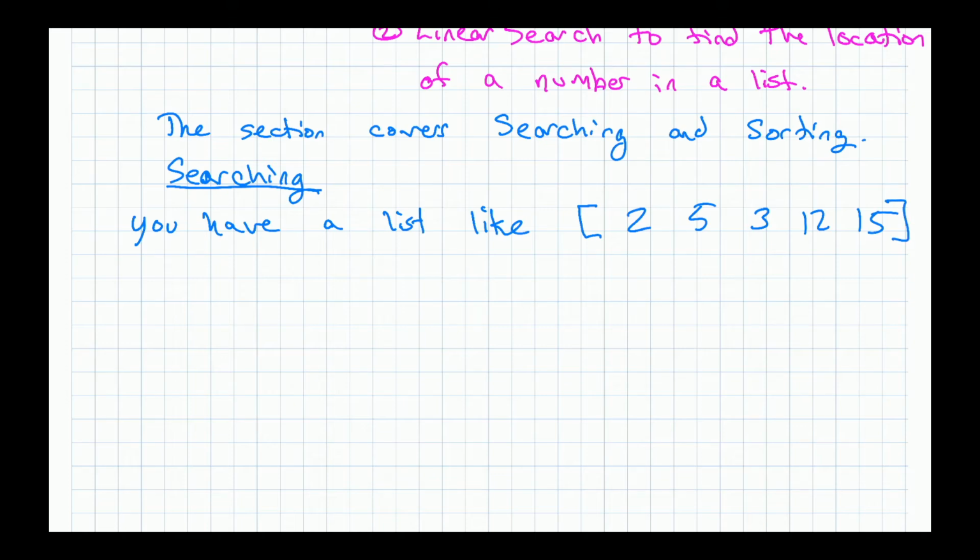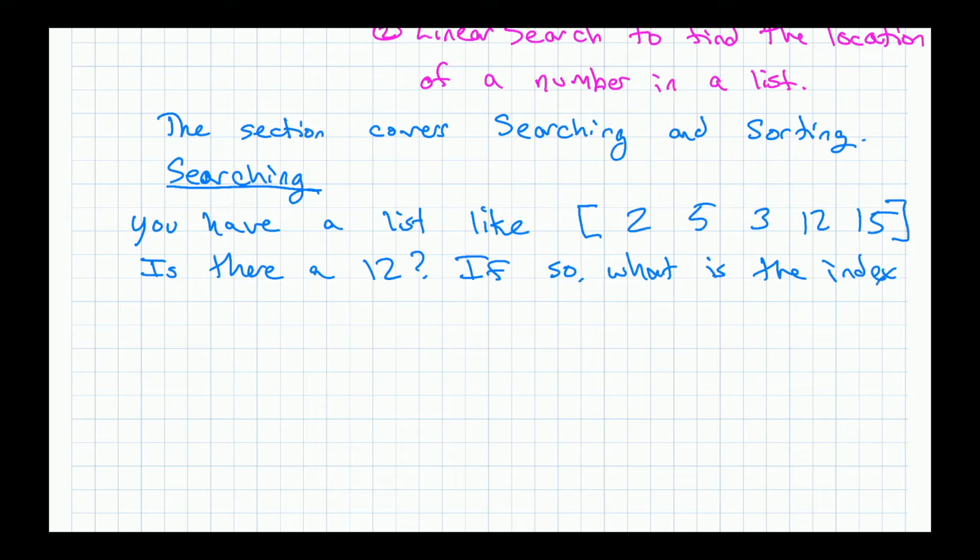So you have a list like that, and then the question is, is there a 12? If so, what is its index? Okay, and so answering that kind of question, you have to search through the list to look for the 12.